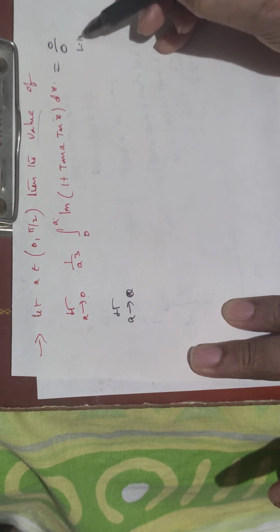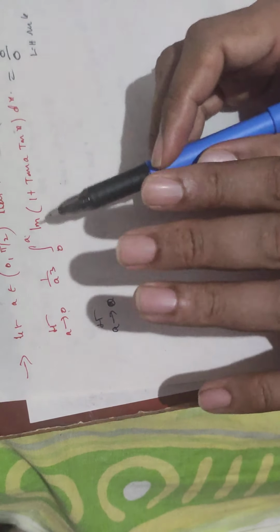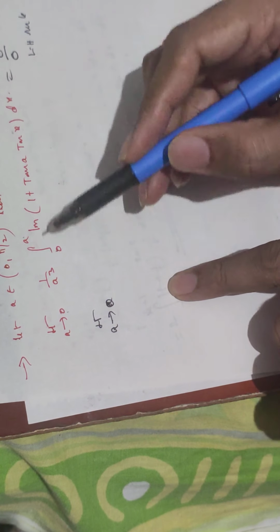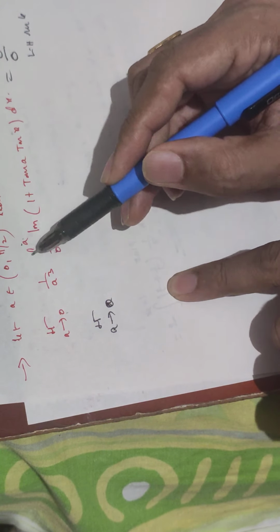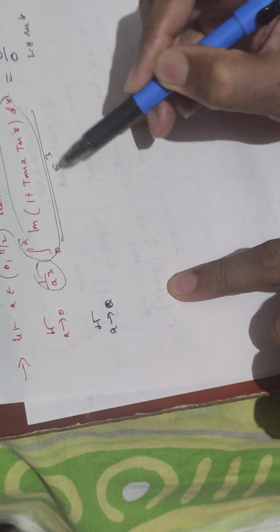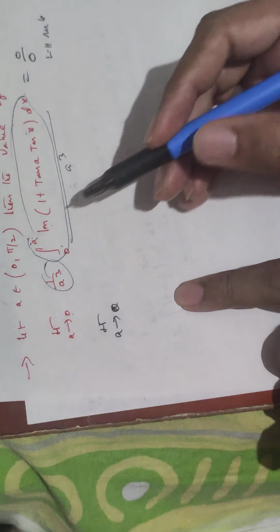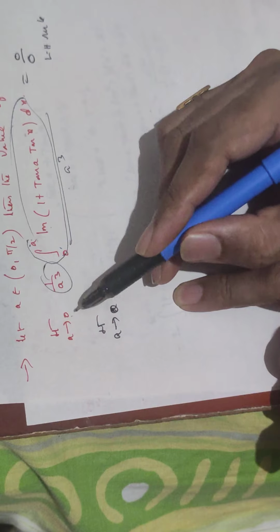L'Hospital, LH rule. What is the LH rule? We have to differentiate numerator and denominator separately. What is the derivative of the numerator? This is the numerator, this is the denominator. What is the derivative of the numerator? 0 to a means you have to differentiate with respect to a.